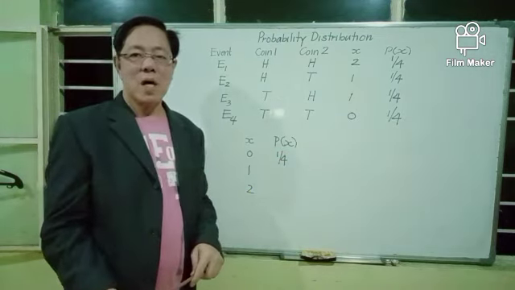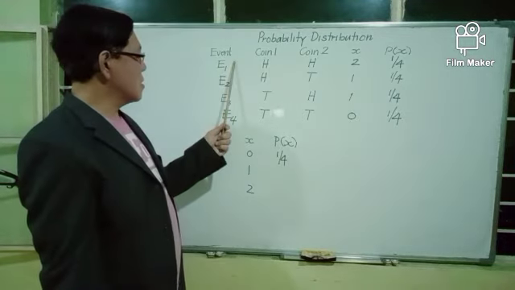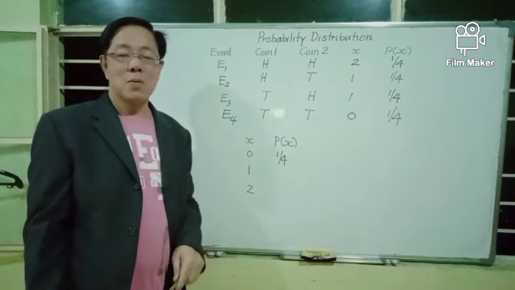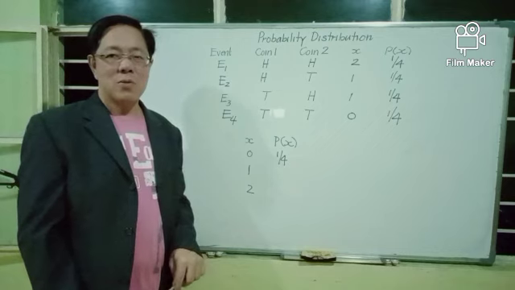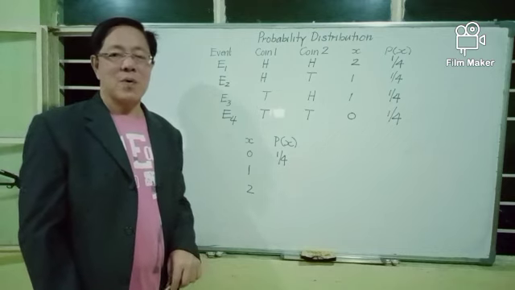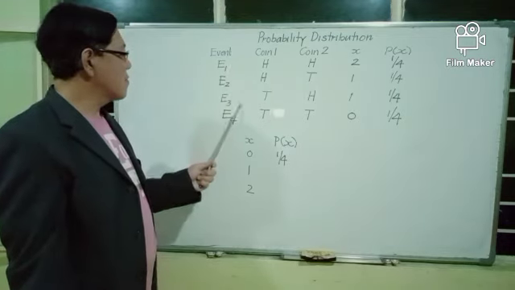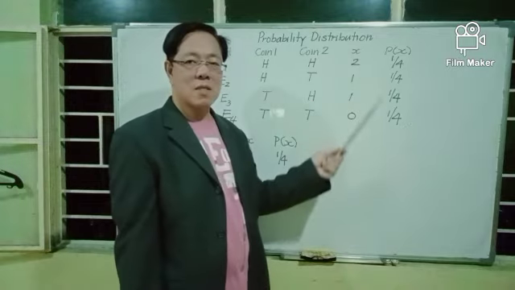Before I continue, if you notice, there are 4 possible events or outcomes when you toss 2 balanced coins at the same time and you record the number of heads for each possible outcome. These 4 possible events have equal probabilities.